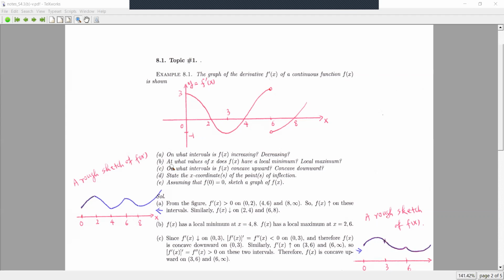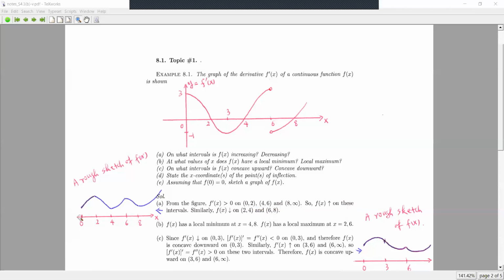Now B. At what values of x does the function f have a local minimum, a local maximum? To answer this question, I roughly sketch the graph of f. From A, function f is increasing on these three intervals and decreasing on these two intervals.